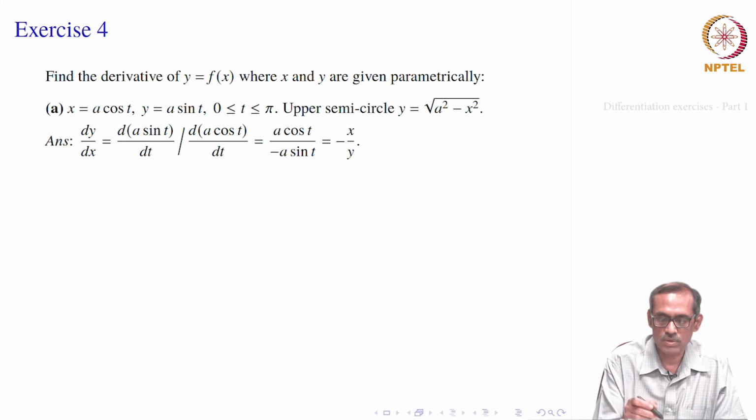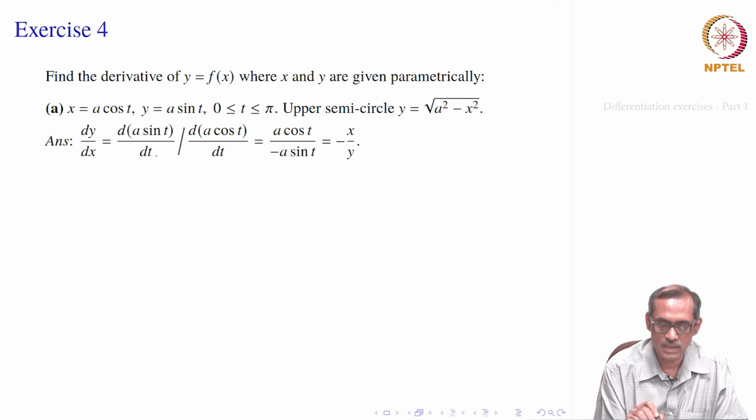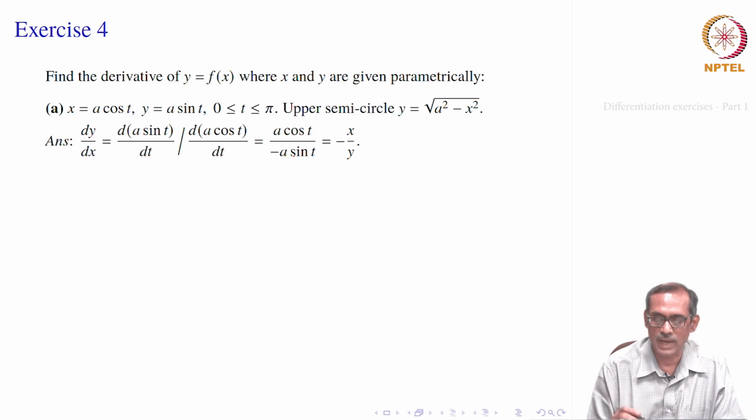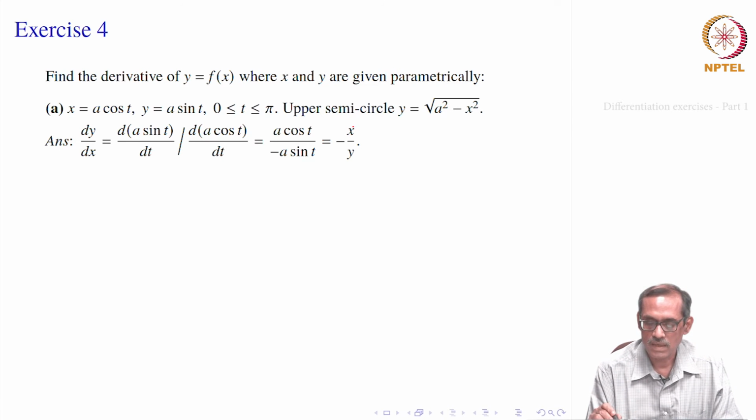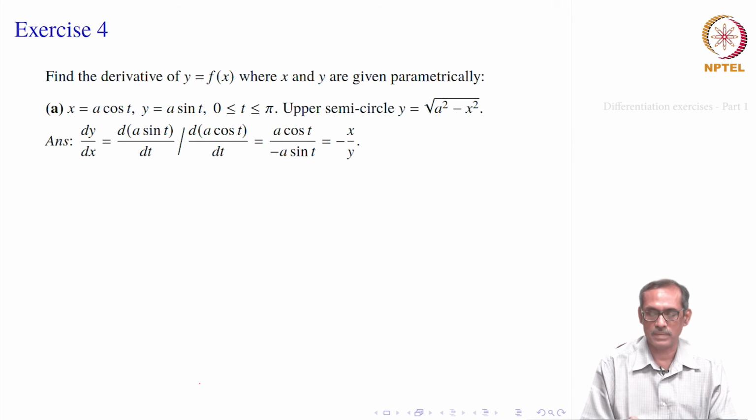Okay. So, let us do the parametric way. Now, dy by dx is dy by dt divided by dx by dt. So, the first one, y is a sin t, gives a cosine t, divided by the differentiation of a cosine t, that gives minus a sin t. So, a and a cancel, we have a minus sign, and since x is a cosine t and y is a sin t, it is just minus x divided by y.